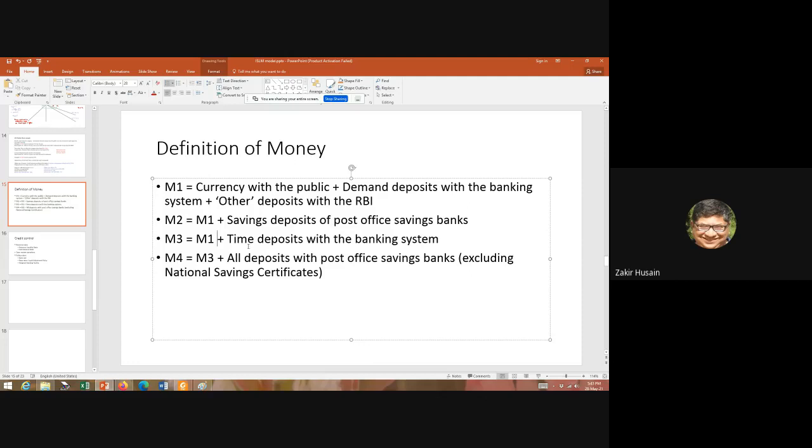So M1 and M3 exclude the post office, and M2 and M4 include the post office. So when we are saying all deposits, it means both the savings deposits, which come in M2, and also the time deposits with the postal banks. Is it clear? Yes, sir.